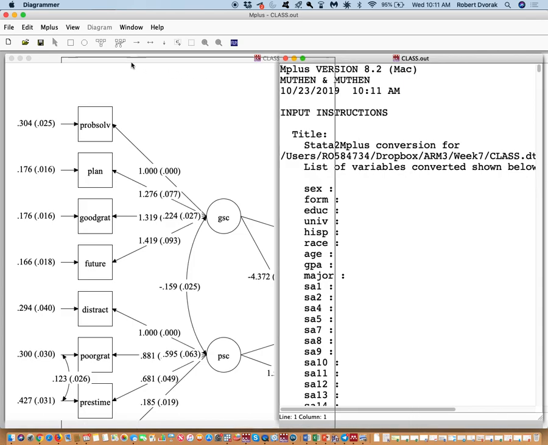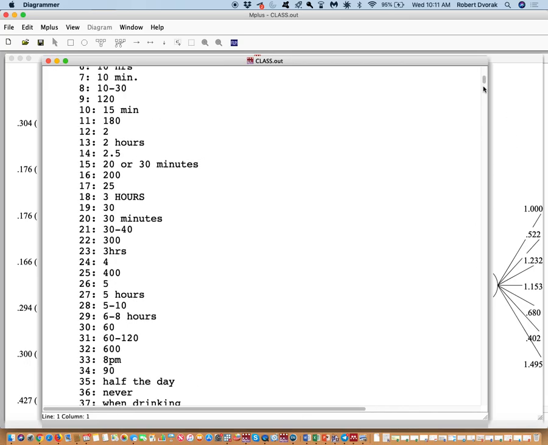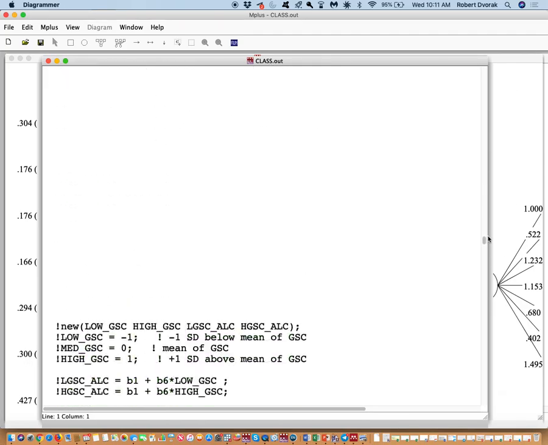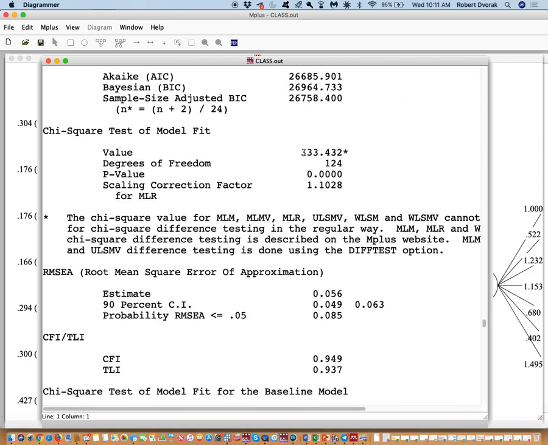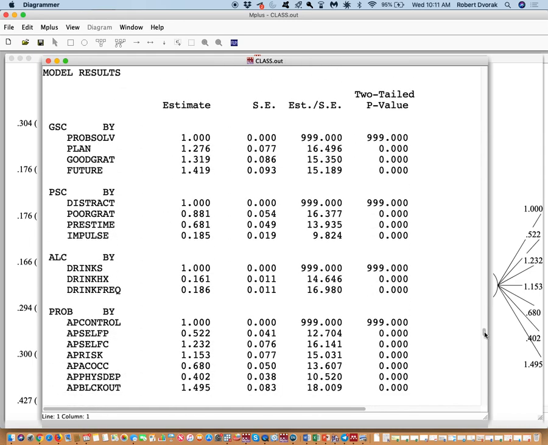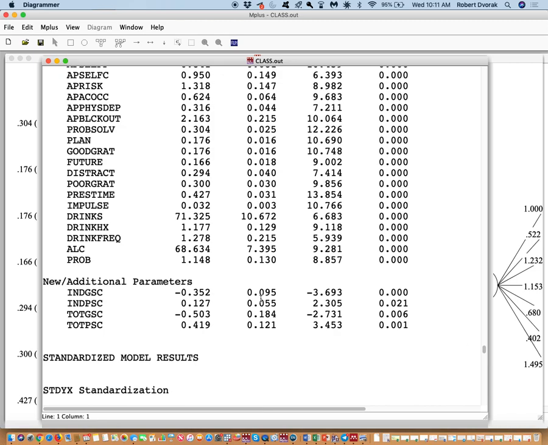Okay, we hit run. Our model fit should be exactly what it was before: 124 degrees of freedom, 333. Model fit looks exactly the way it did before. What we get now are additional new parameters.